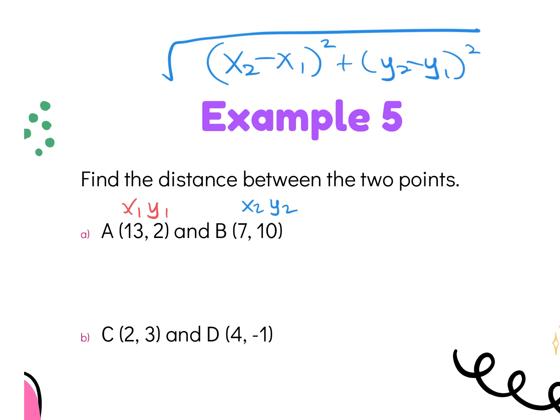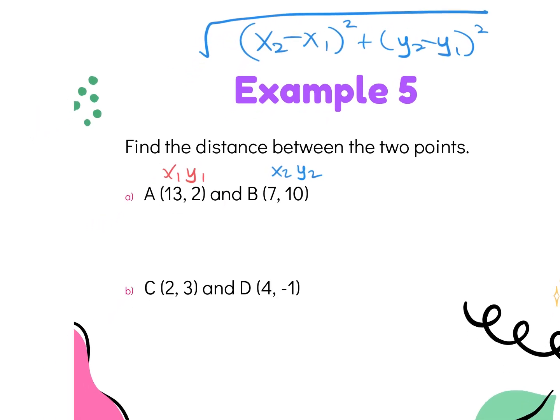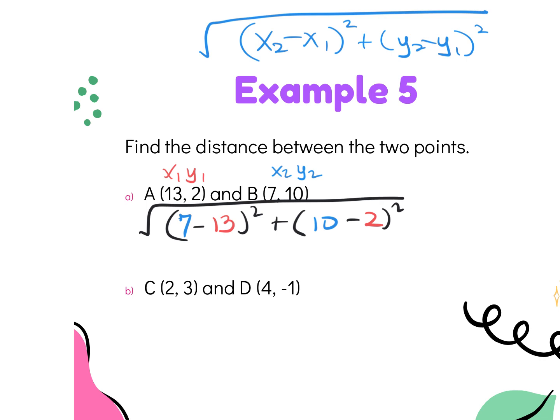So let's plug our numbers into the formula. I'm going to go ahead and take my x sub 2, so 7 minus 13, and then this is squared plus, now I do the y's. So I have 10 minus 2 squared, and then it's under a radical.